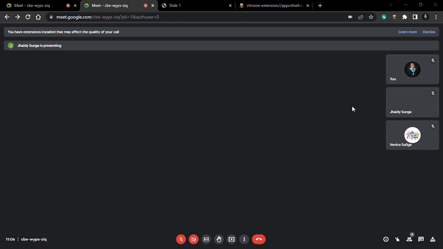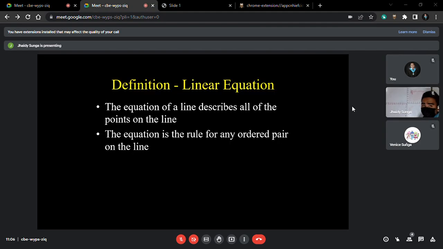So the example that we are going to have is from the general form. Please do remember and take down notes with the general form. So from the given x and y, is it visible? Okay.